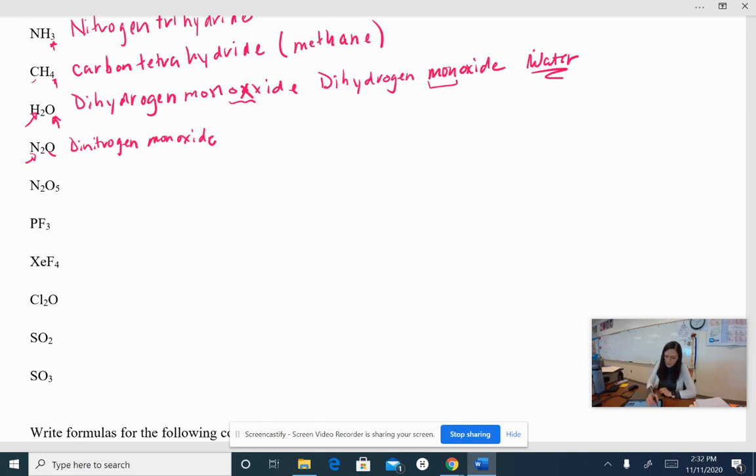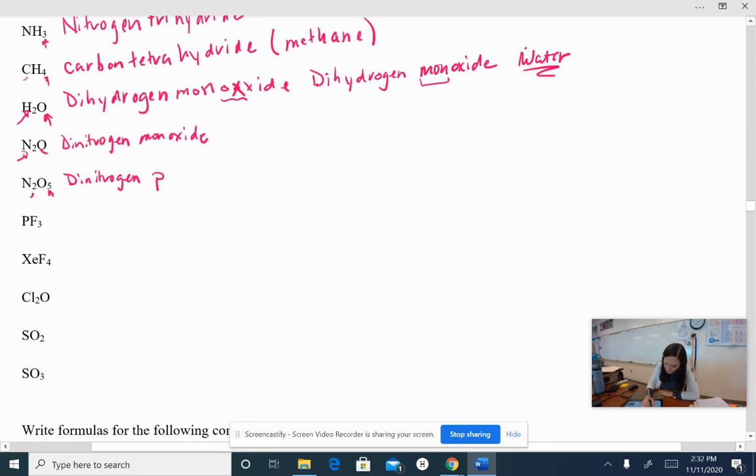Let's see. We've got two nitrogens once again. So we're going to start with dinitrogen. And here we have 5 oxygens. So the prefix for 5 is penta, pentaoxide. Now, once again, we have 2 vowels in a row here. We can get rid of that A if you want.